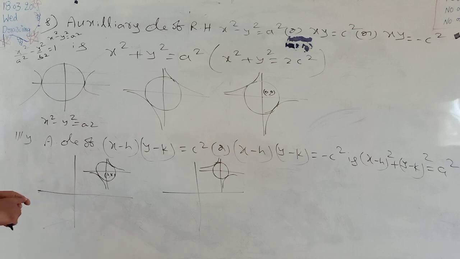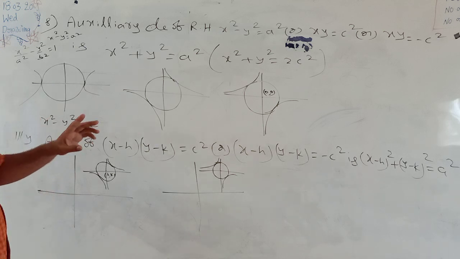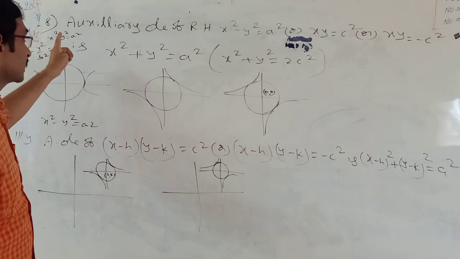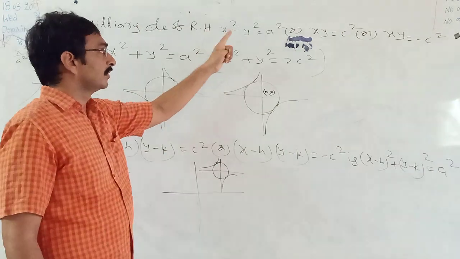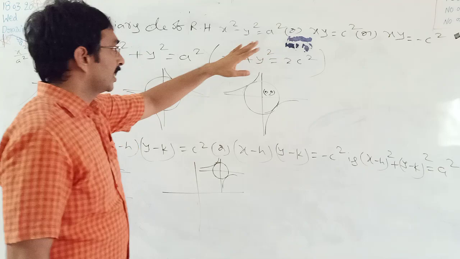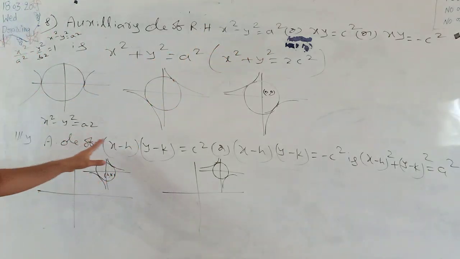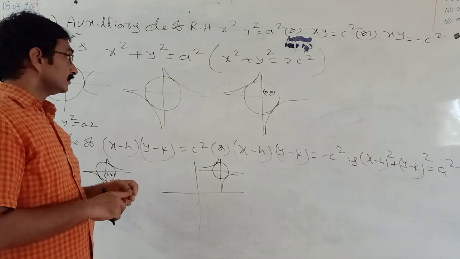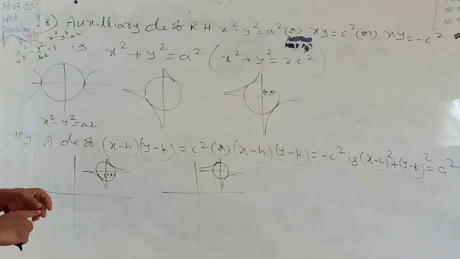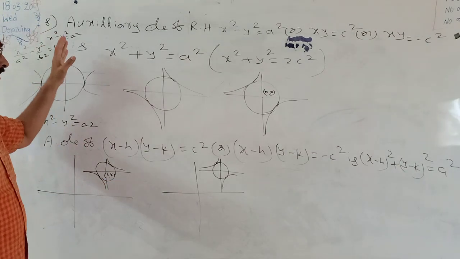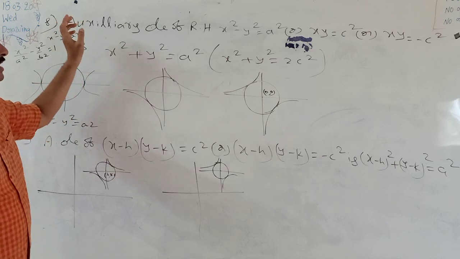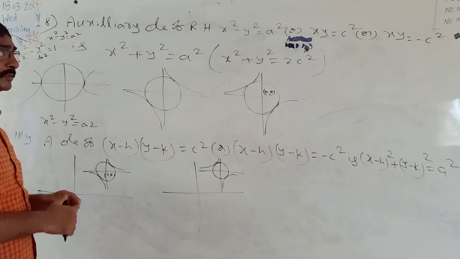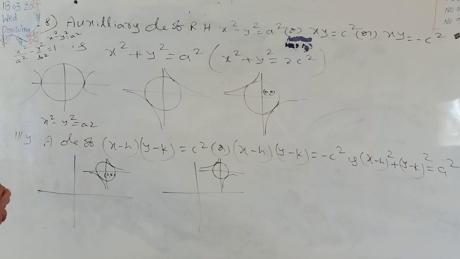So learn this by heart. Problems based on this are of two types. Directly they can ask what is the equation of the auxiliary circle of a rectangular hyperbola of these three forms or these two forms. Or second, what is required is the definition of the auxiliary circle, which is the locus of the foot of the perpendicular from the focus on any tangent.